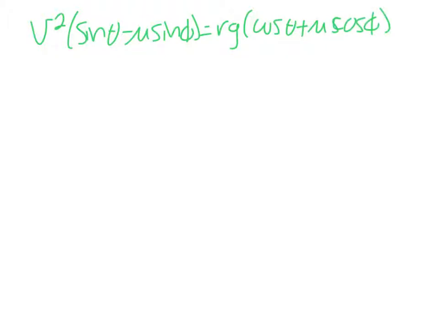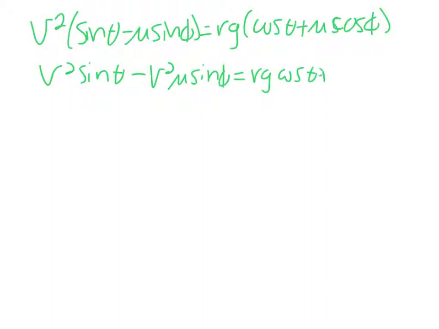I'm going to distribute this out, so we get v squared sine theta minus v squared mu sine phi equals Rg cosine theta plus Rg mu cosine phi.